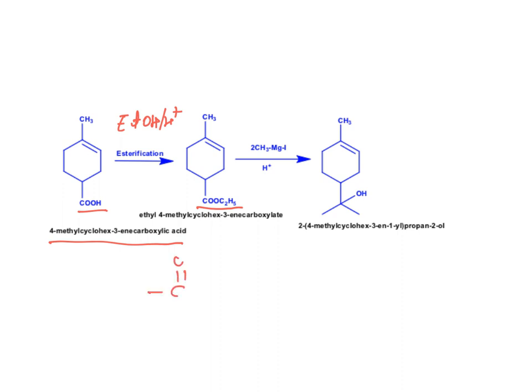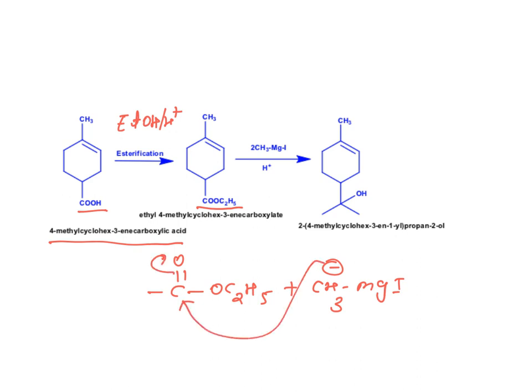If an ester functionality is present in the molecule and we react with Grignard reagent, first it is converted into a carbonyl group, and another mole of Grignard reagent gives alcohol. So how many moles of Grignard reagent are required for this conversion? 2 moles.